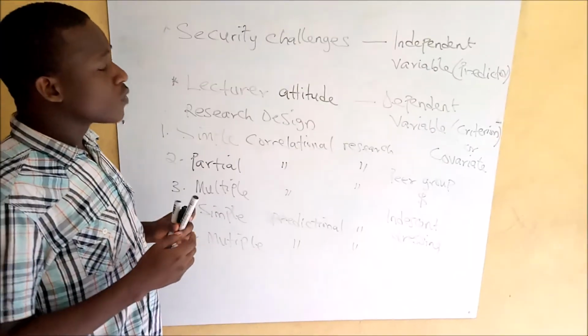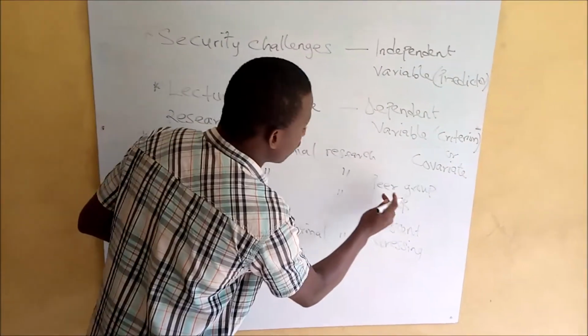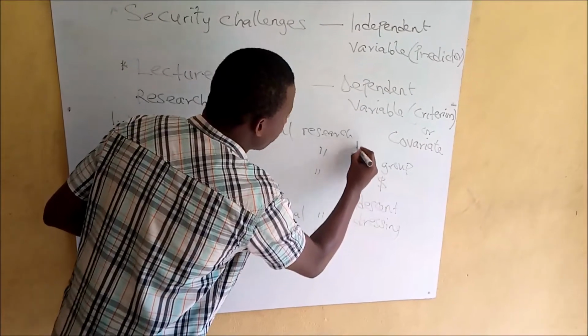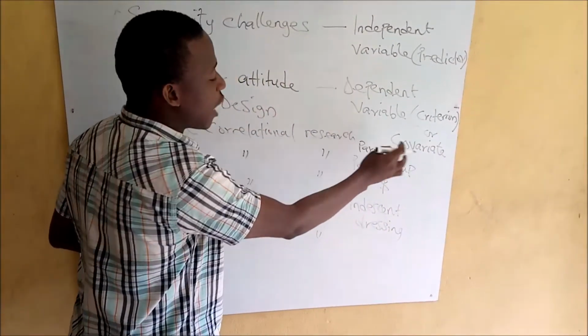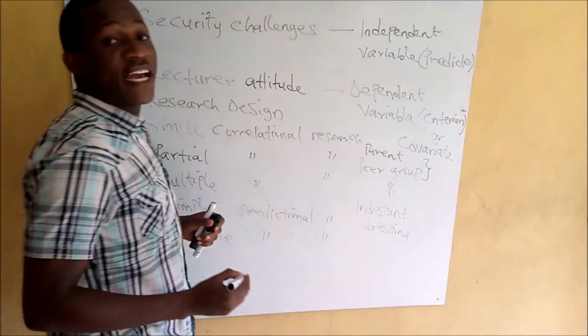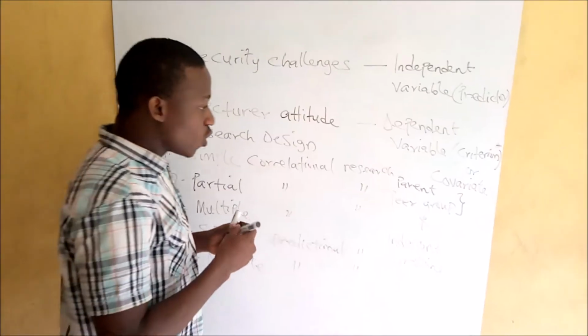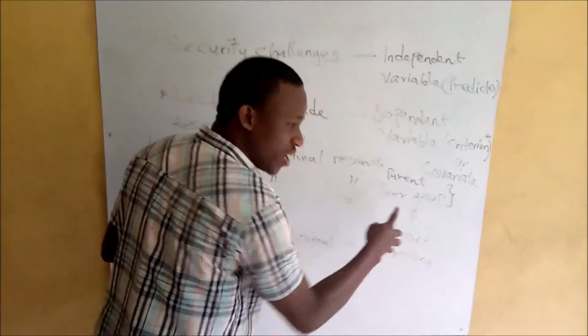How is that done? For example, as we have peer group here, we also have parents. If we have parents and peer group as the two independent variables, I want to check how these two independent variables relate with indecent dressing.